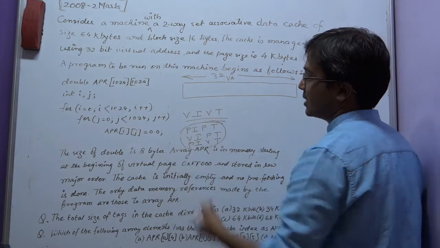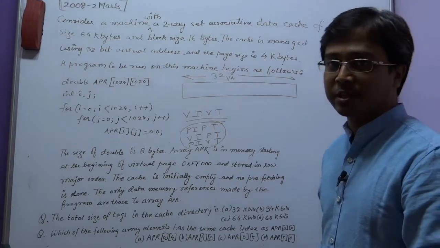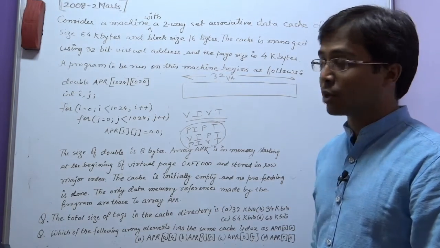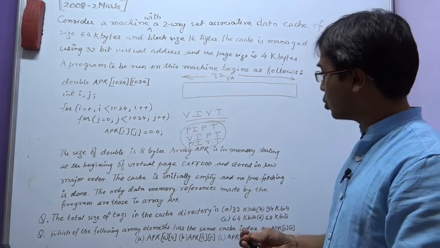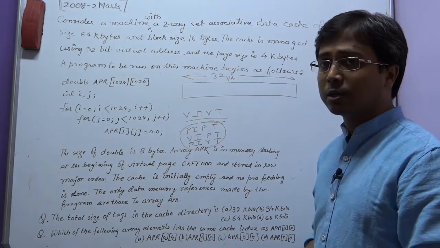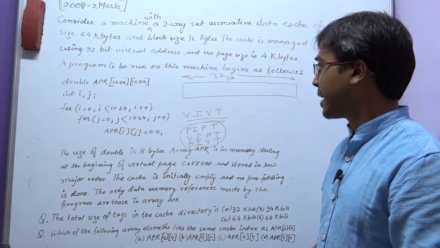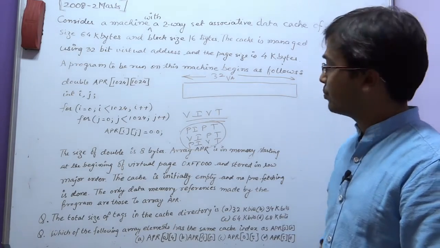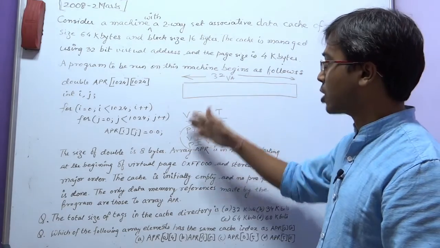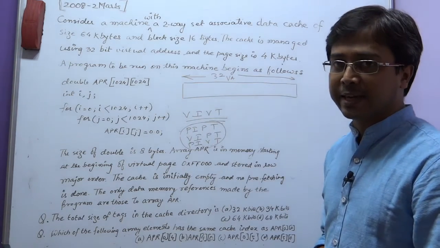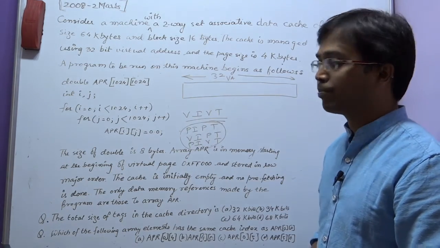So these are three other kinds of indexing and tagging of a cache. If you want to know more, you can go through the Wikipedia link when you search for virtually indexed, virtually tagged cache in Google. Just go through the section which talks about these four kinds of indexing and tagging. You would get to know more.